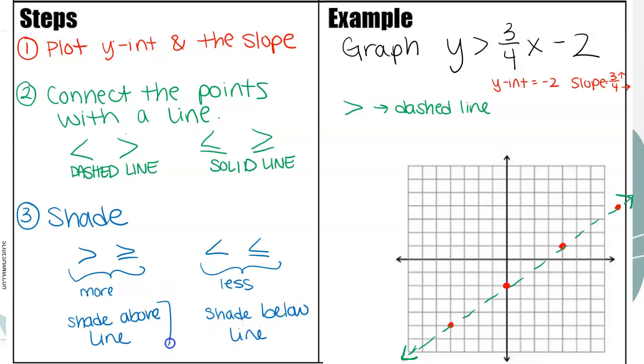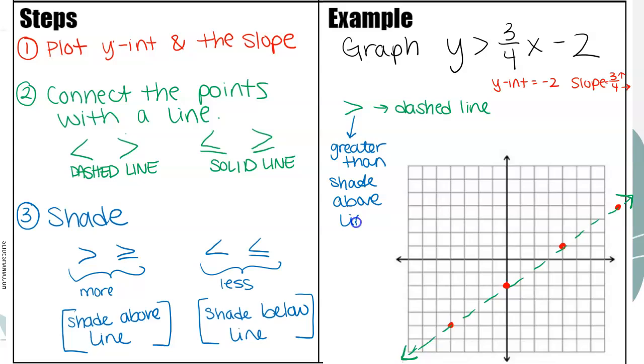Again, there are other ways of shading or thinking about it. However, I think this is a really great way to think about it. When you're trying to decide, you're going to look at what this symbol is. So ours is read as greater than, which means I am going to shade above the line.